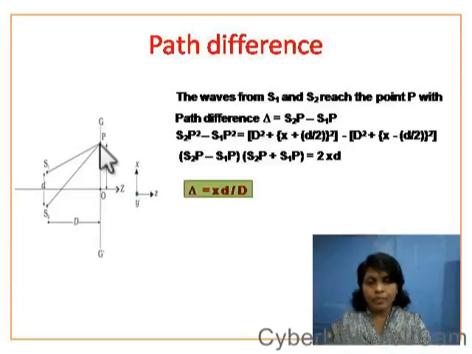It's a simple calculation. Similarly, S1P square can be calculated to be D square plus X minus D by 2 the whole square.